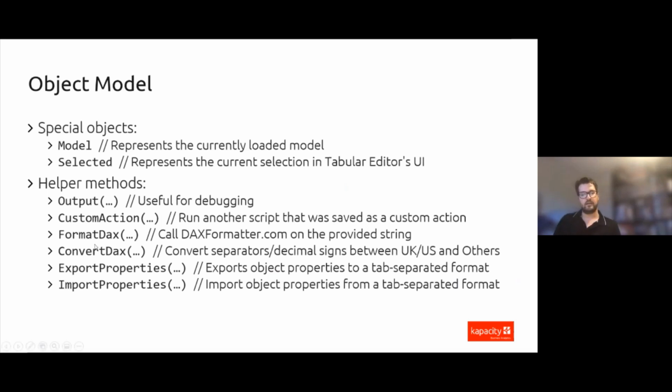There's also a convert DAX function, which is useful if you ever need to convert decimal separators between the UK/US format, where decimal separators are dots, and commas, like the rest of the world uses. So you have all of these methods available that can help you do some interesting stuff with the scripts.